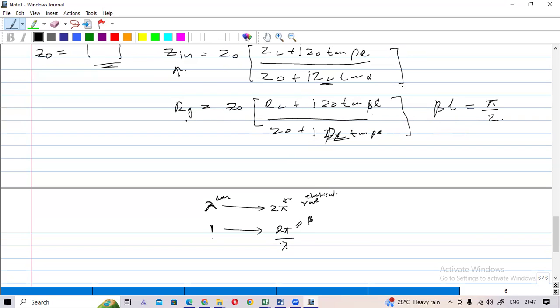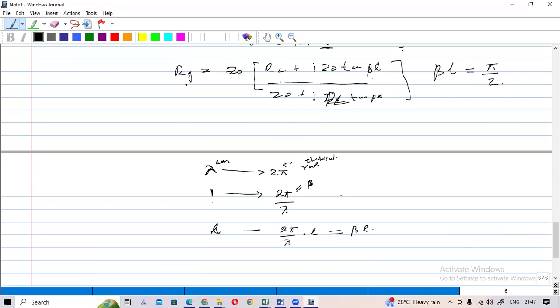So if the distance is L, this will be 2 pi by lambda times L. To have beta L equal to pi by 2, what will L be? L will be lambda by 4. Yes, very good.